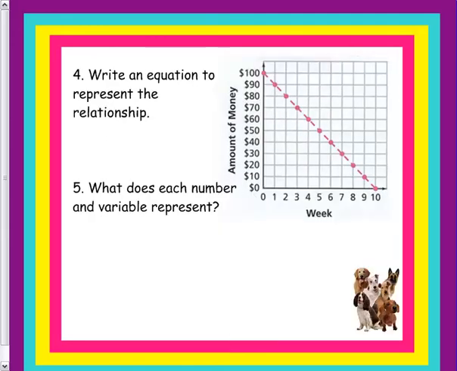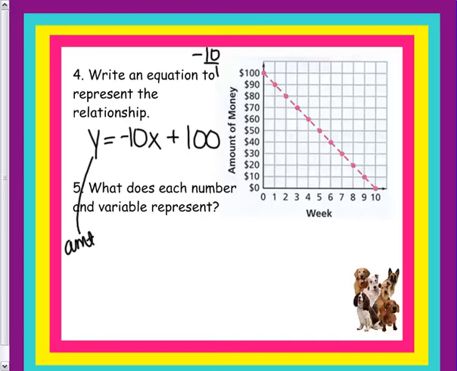So let's write the equation. We know it's going through at 100, so we know that we are adding 100. Okay, and it's a decrease of $10 per week. So a negative 10 over 1 was our slope. So our y-intercept represents, again, the amount of money at the end of each week.